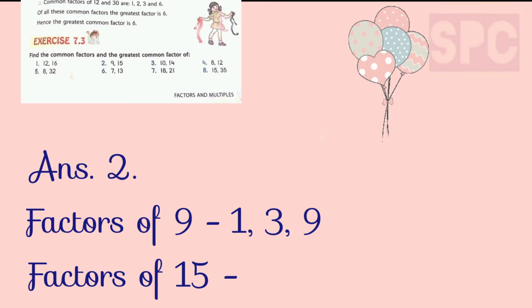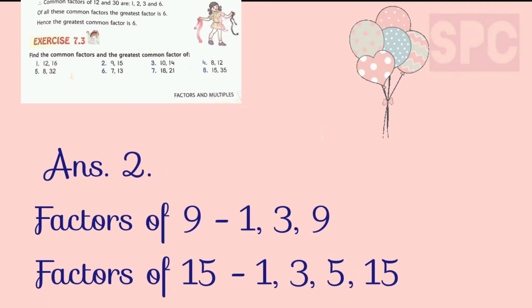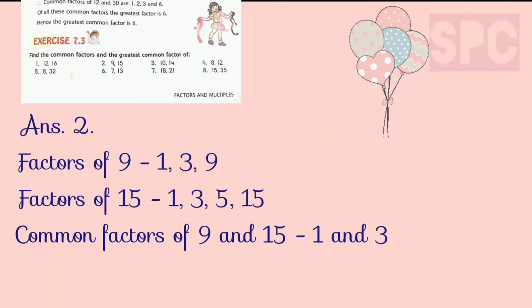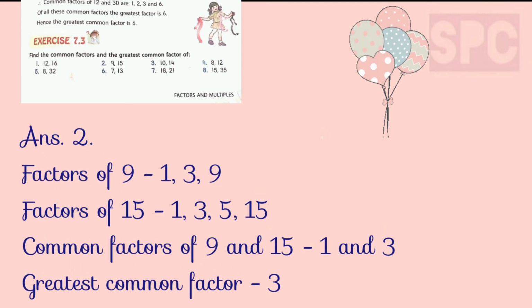Similarly for 15, 1 15s are 15, so 1 and 15, 3 5s are 15, so 3 and 5. So these are the factors of 15. Now you can see that 1 and 3 are the common factors of 9 and 15. Out of 1 and 3, 3 is the greatest common factor of 9 and 15. So in this way we found the common factors and the greatest common factor of 9 and 15.